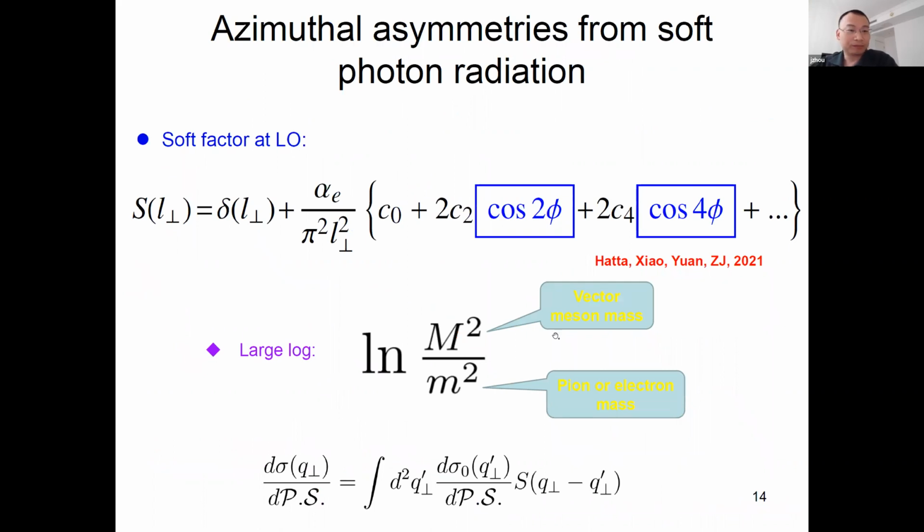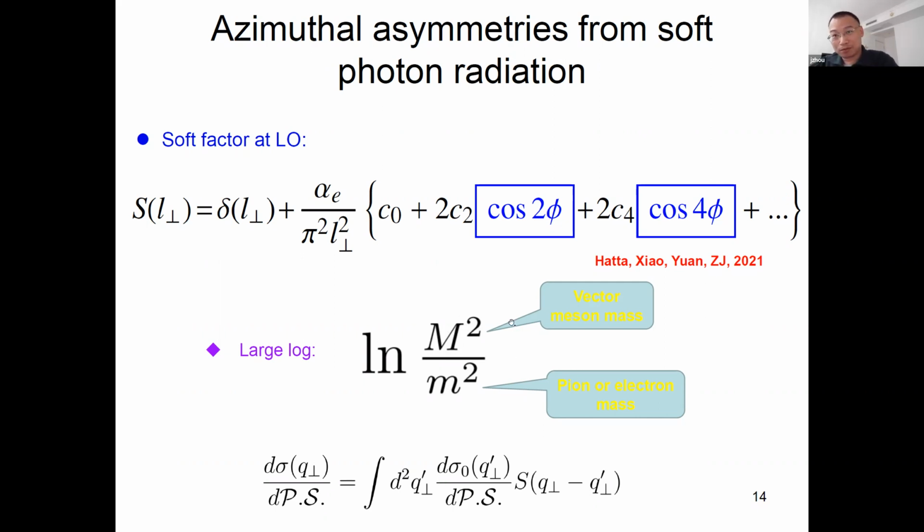So for rho zero production, there's no hard scale. To better justify the perturbative calculation, we had better compute the diffractive J/psi production. In which case, final state soft photon radiation effect becomes important. This is because a large log is enhanced by two well-separated scales: the J/psi mass versus the electron mass.